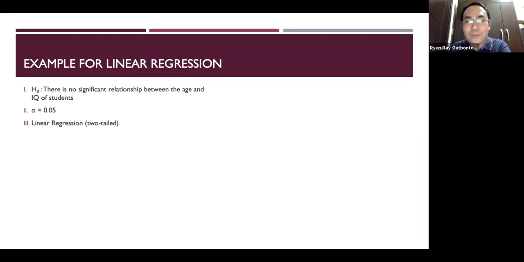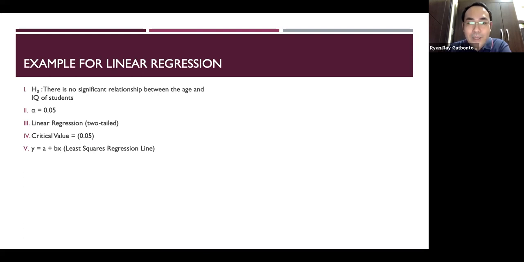Therefore, we use a two-tailed test. We also set our critical value at 0.05 because we will be using the p-value in our hypothesis testing.